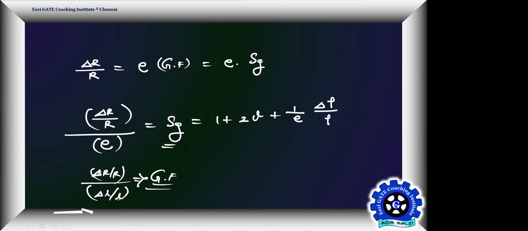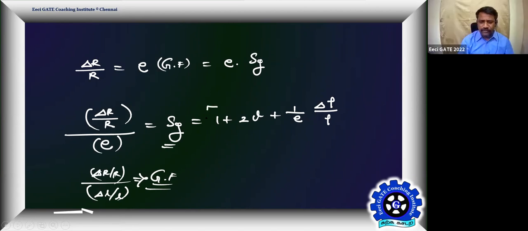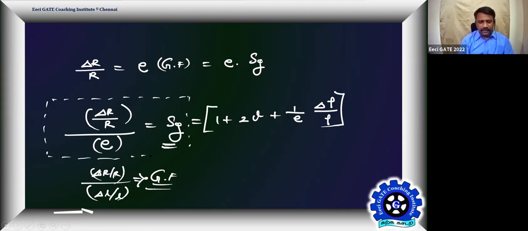Correct? Yes, sir. So I'm just giving you the proof, but what will be given to you is straight away SG. You have to play with this equation only hereafter. So you'll be given straight away the gauge factor. Suppose if given the Poisson's ratio, then you should be knowing what influences your gauge factor.